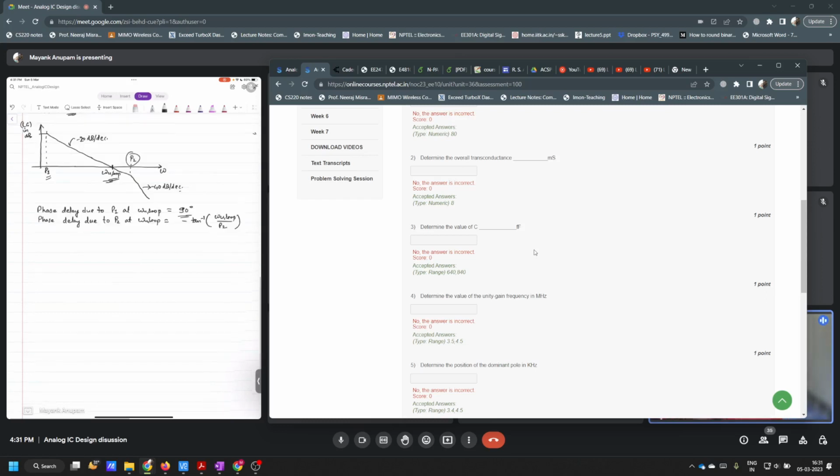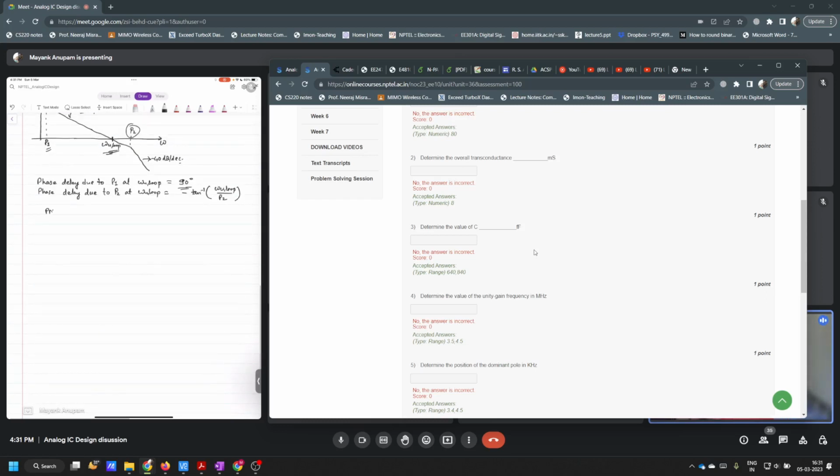Now phase margin is equal to what? 60 degrees, and that is equal to 180 degrees, plus minus 90 degrees, minus tan inverse of omega u loop by P2.